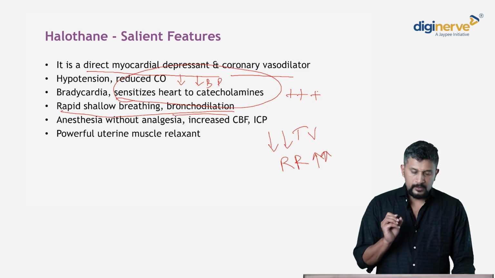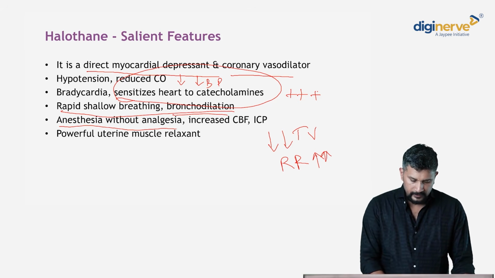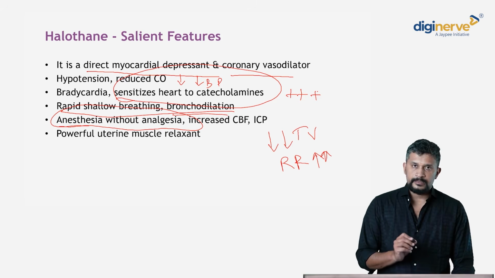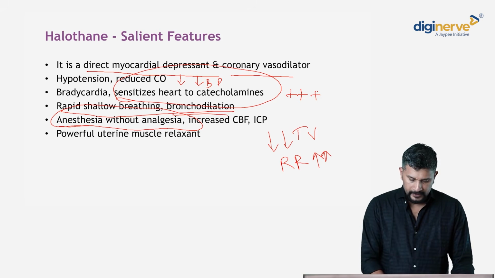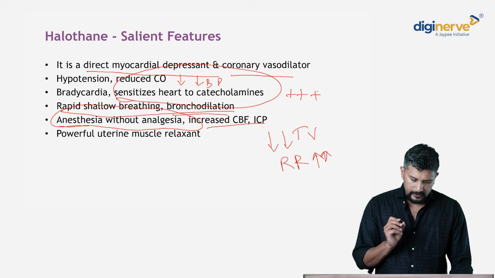It results in bronchodilation. As far as the effects on the central nervous system are concerned, it causes anesthesia without any analgesia, as opposed to nitrous oxide, which does have analgesic effects. Halothane does not have any analgesic effects. It tends to increase your cerebral blood flow as well as the intracranial pressure.